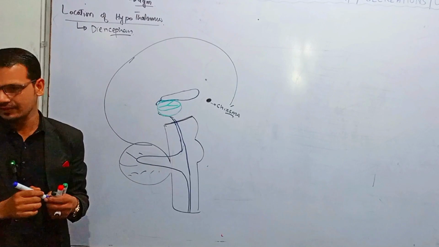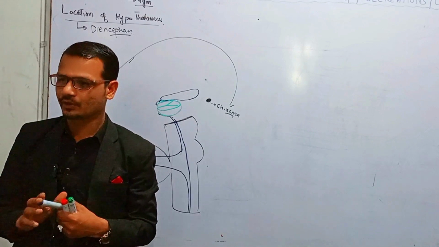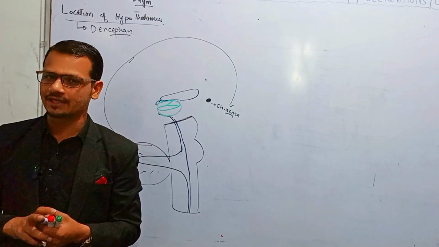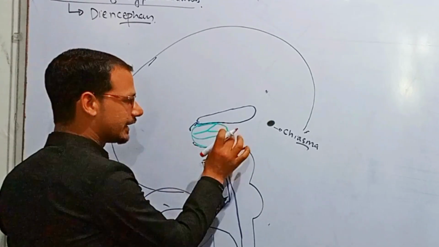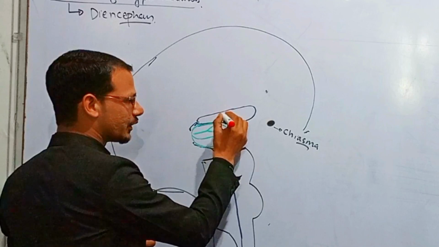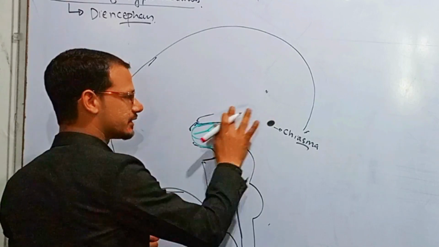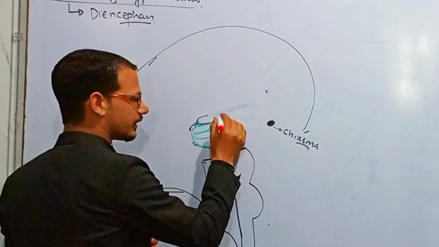This is the third ventricle, the ventricle filled with cerebrospinal fluid, right? Here in front of this thalamus we are showing this third ventricle.